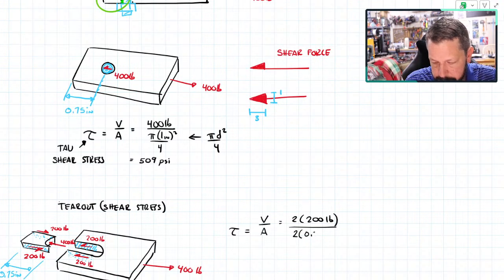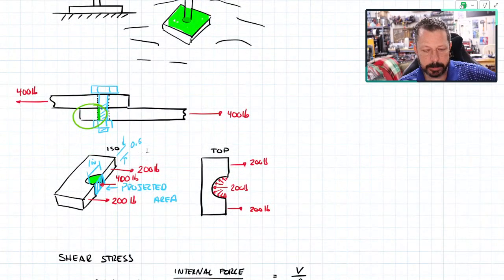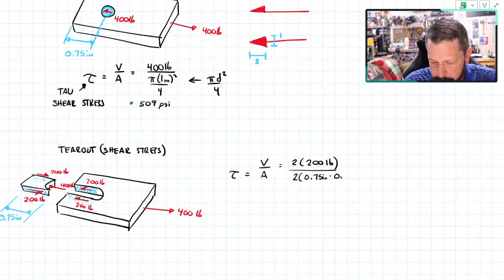Each one is 3/4 of an inch long, and I already set the plate thickness at 1/2 an inch thick. So 3/4 of an inch long by 1/2 an inch thick.